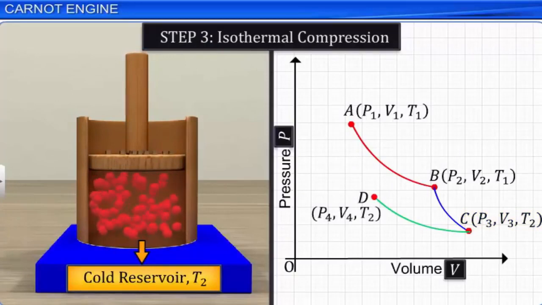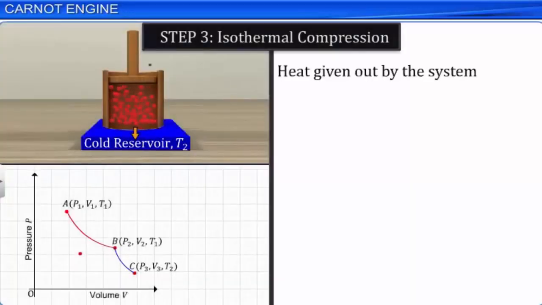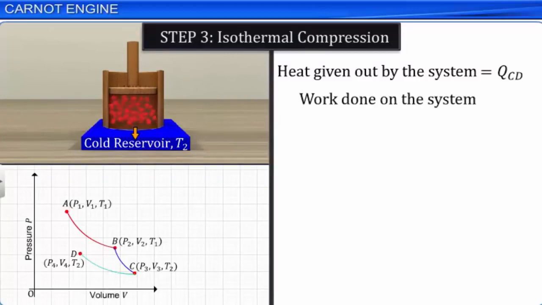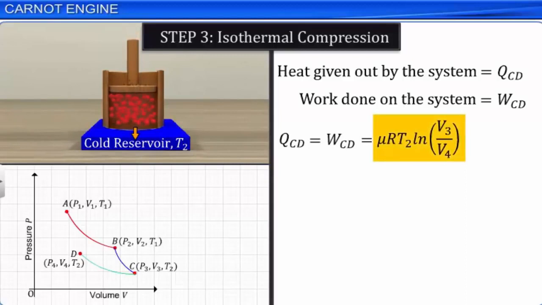Let the heat given out by the system to the cold reservoir be QCD and the work done on the system be WCD. Since the process is isothermal, QCD is equal to WCD, which is equal to mu R T2 ln V3 by V4. Let this be equation 4.